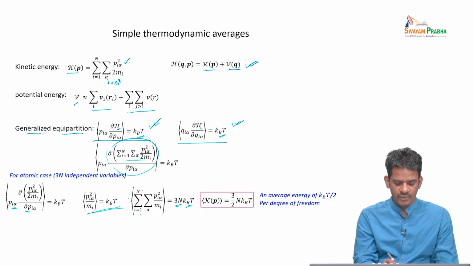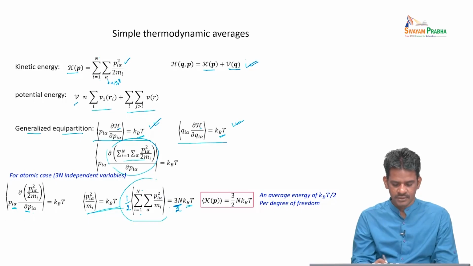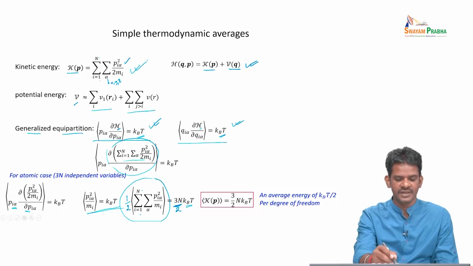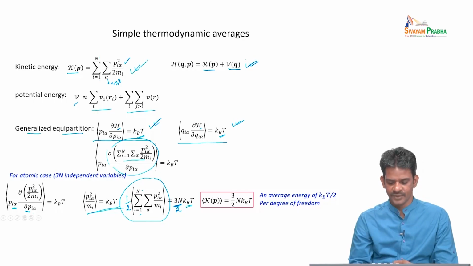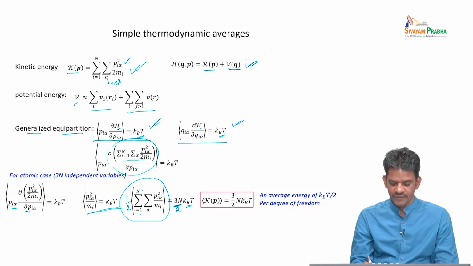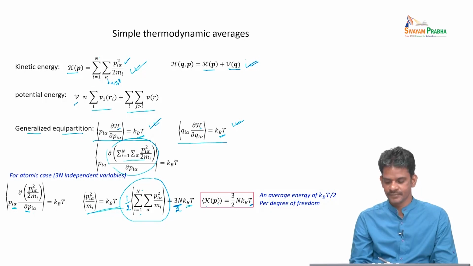And now I can multiply by a factor of half on both sides, and the left-hand side is nothing but the definition of kinetic energy. So, we are able to show that the average kinetic energy is related to the temperature of the system, and it also means that per degree of freedom the average kinetic energy is about half kBT.